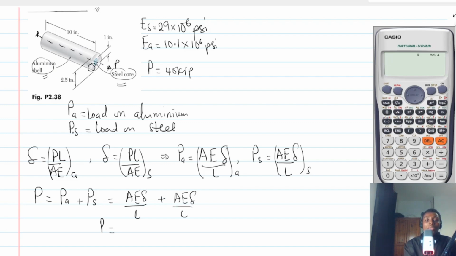Interestingly, you can see that the entire length will be the same, because this and this will have the same length.